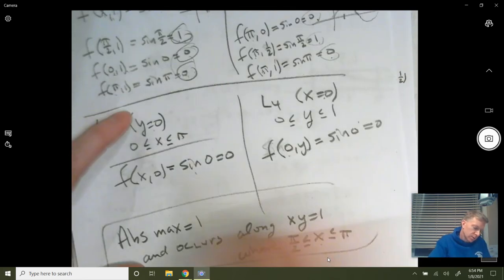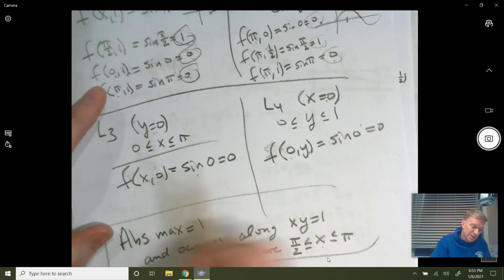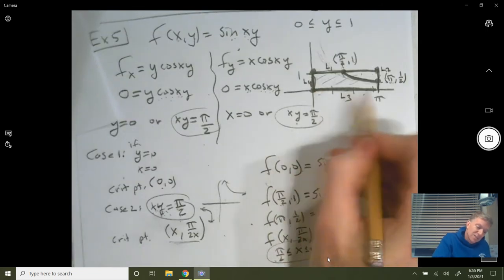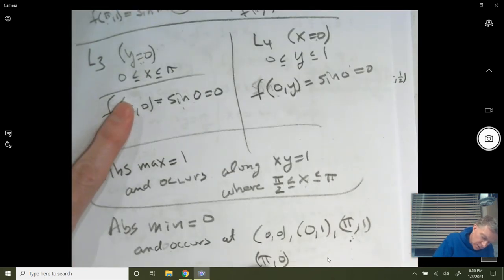And where else? Okay, along the x-axis. Remember, it was 0 everywhere along the x-axis. So along the x-axis and along the y-axis.